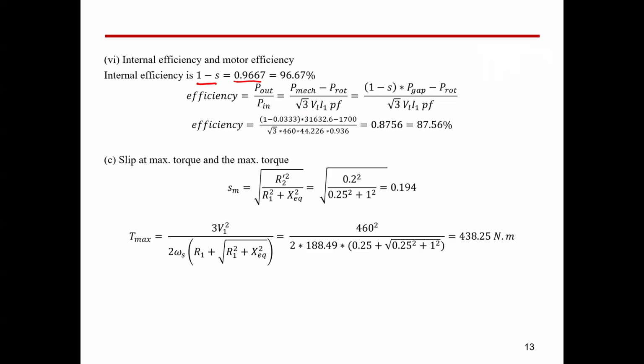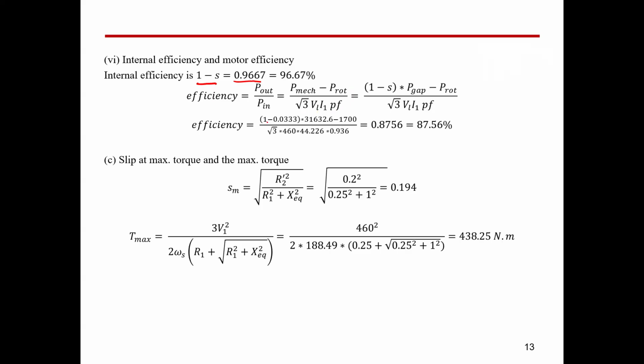But the exact efficiency at full load, we can calculate by means of our power flow right now. So P mechanical minus P rotational. P mechanical is 1 minus S times P air gap, and we can calculate the P air gap as 3 I squared R divided by S, minus P rotational, which is given, divided by the input power, which is root 3 V line I line power factor.